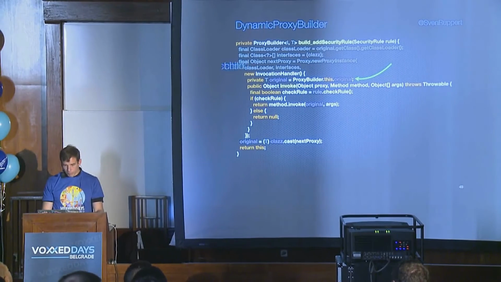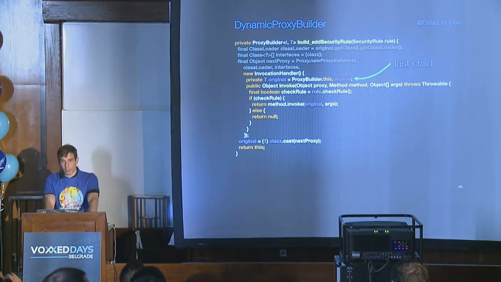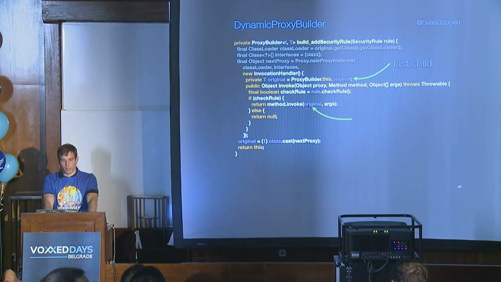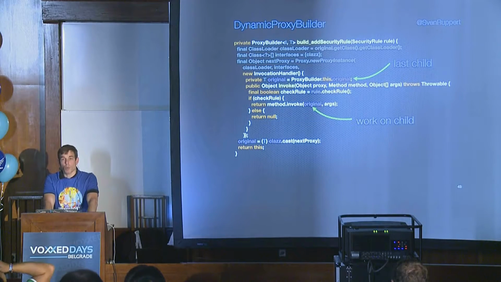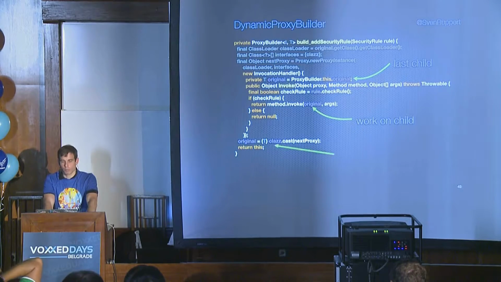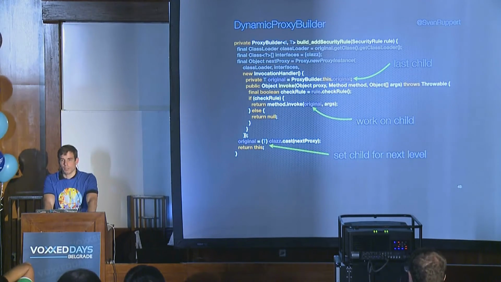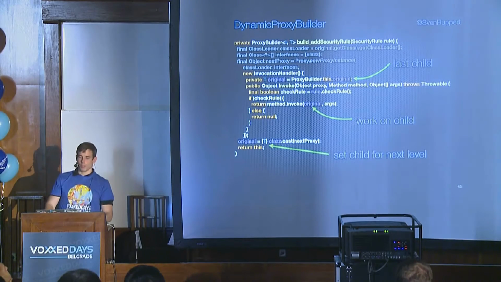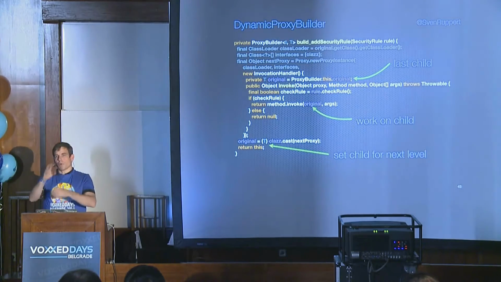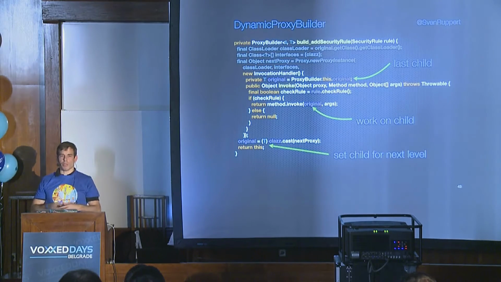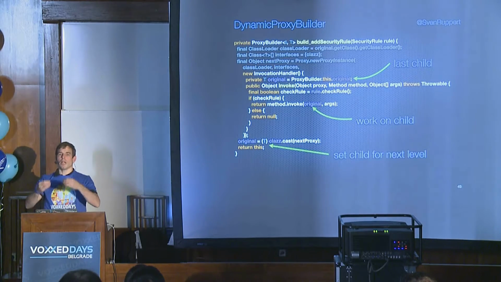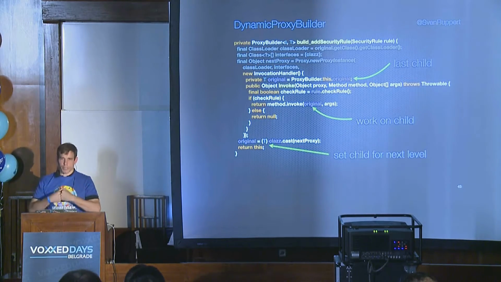So the last child we had, I need to work on this child, but the last step is set the child for the next level. That's it. If you have this, you can build this proxy inside, and you only have to decide the return value: I am the return value because I'm the next level of proxies.